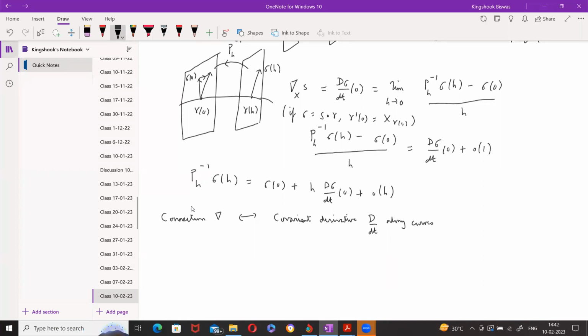And this covariant derivative along curves is equivalent to the parallel transport along curves, the family of parallel transport maps P_st. Right, because the covariant derivative gives me parallel transport, but the parallel transport gives me back the covariant derivative, as we can see here, right? Yes?